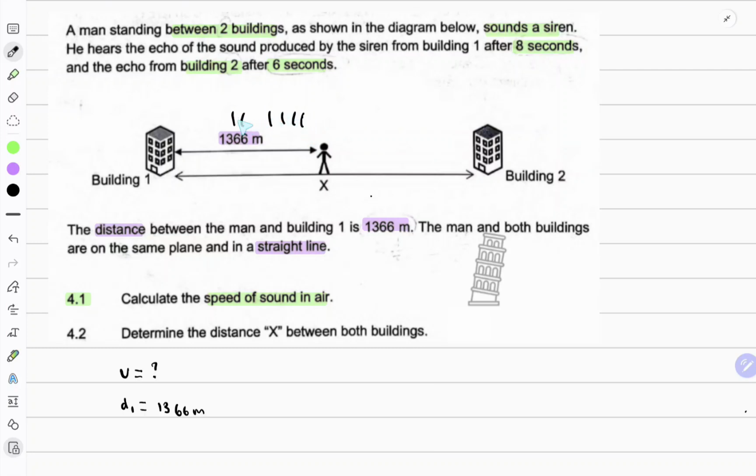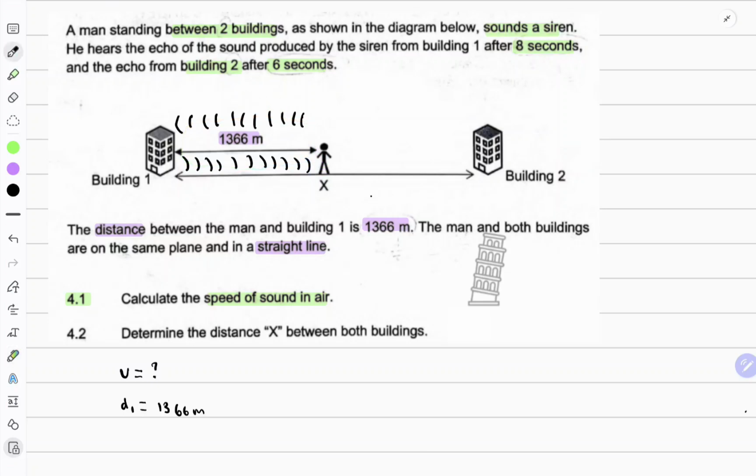And also earlier on we saw that the man sounds an alarm, so it generates a sound wave, and the sound wave reaches the building and returns to the man in 8 seconds. So the time taken for this journey of the sound wave, the echo, is 8 seconds.